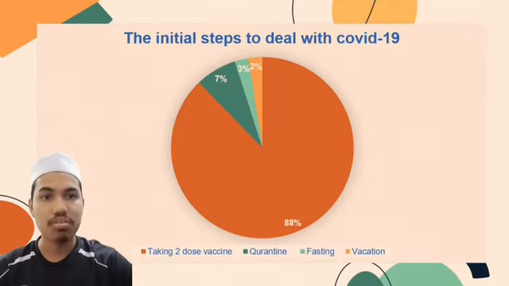This is because most people who got 2 doses of the vaccine are still infected with this virus. This proves that 2 doses of the vaccine are no longer effective. There were 3% who chose to fast and 2% who chose to post status. This still proves they have their own ways.